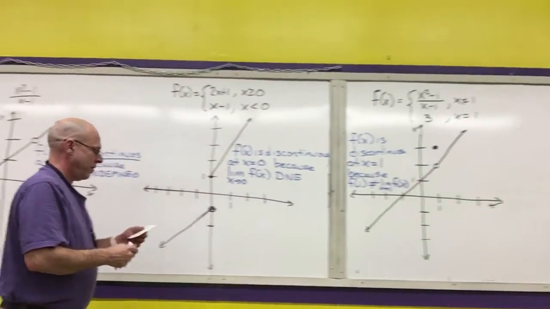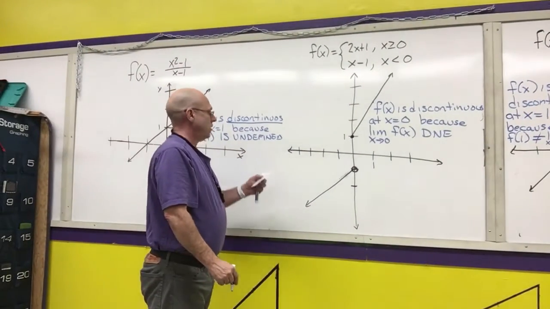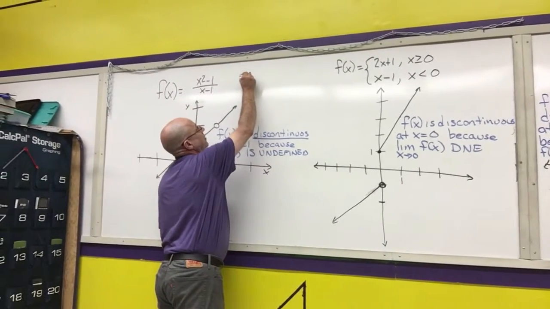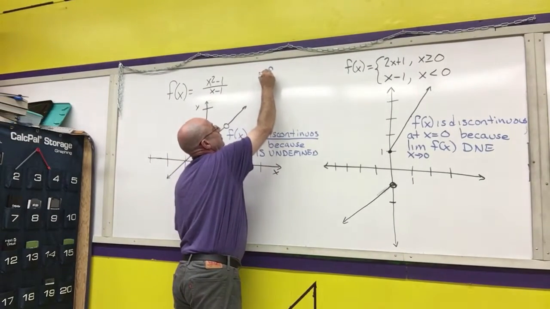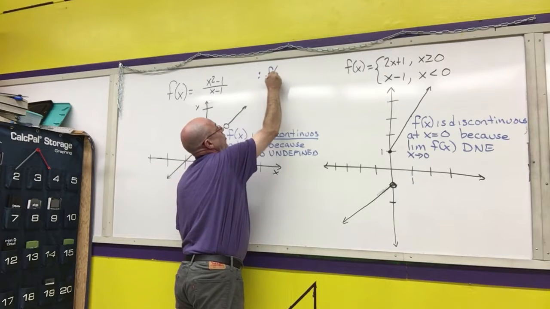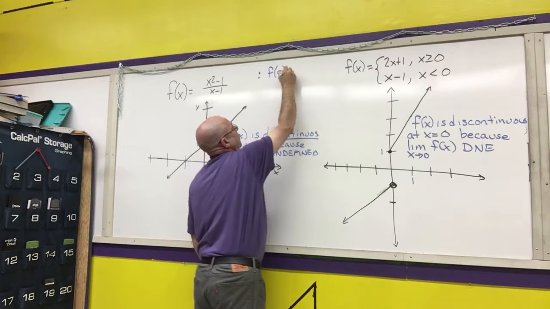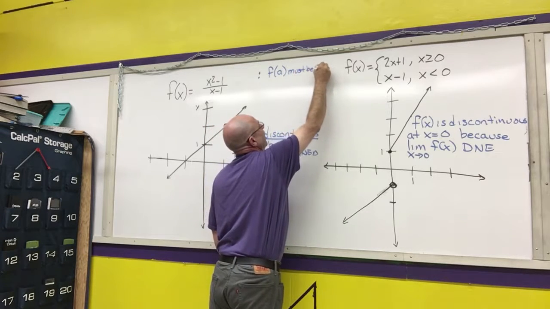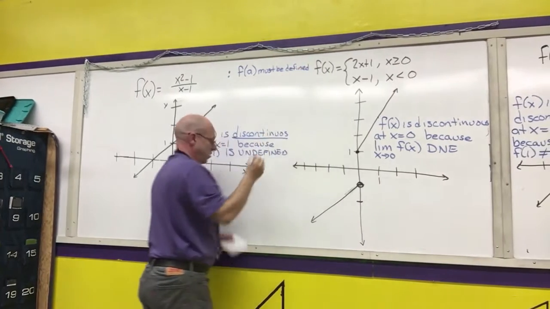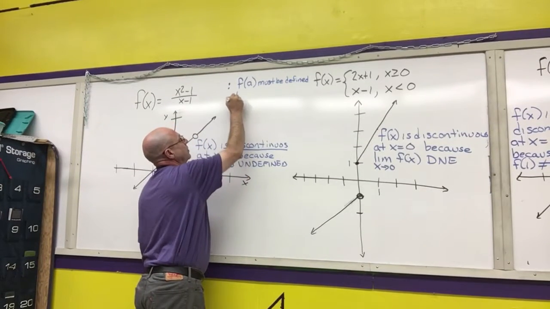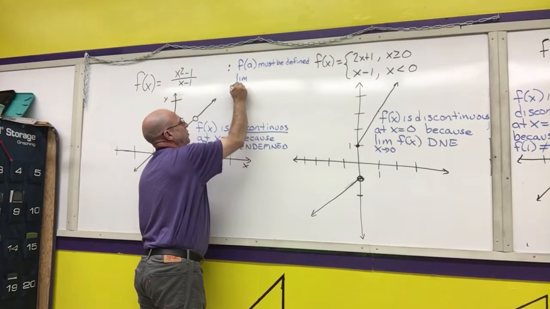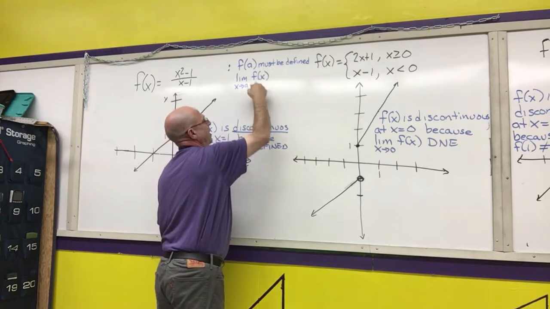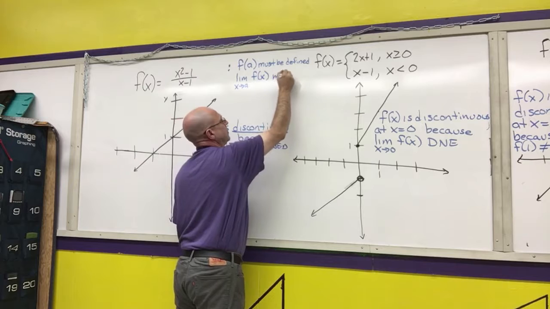Now we will come up with the formal definition of a graph being continuous at a point. For a graph to be continuous at a point, we'll call it a, first, f of a must be defined. The second condition is that the limit as x approaches a, again a two-sided limit, of f of x must exist.